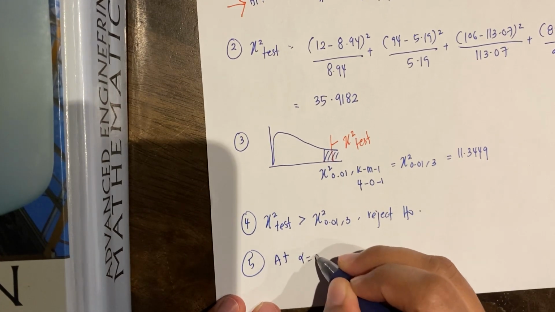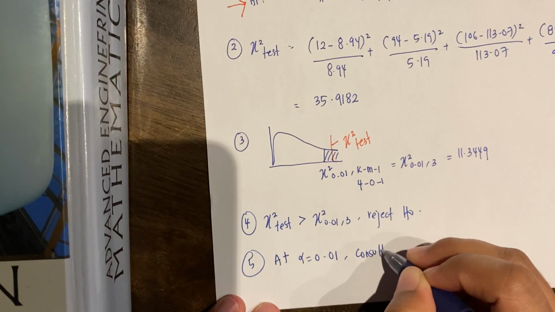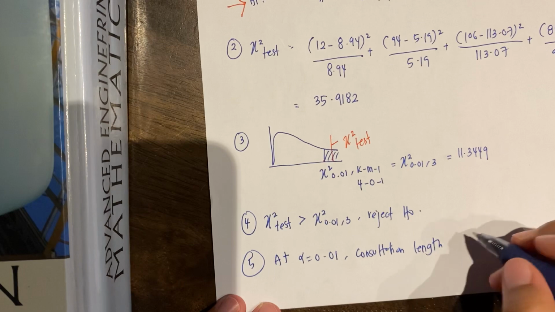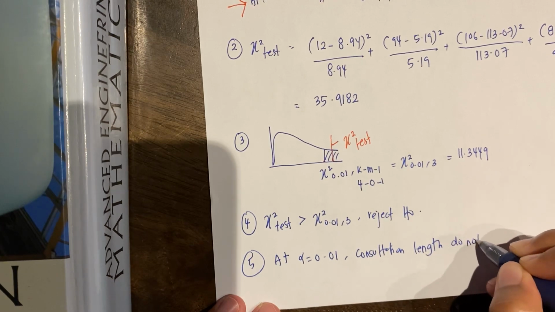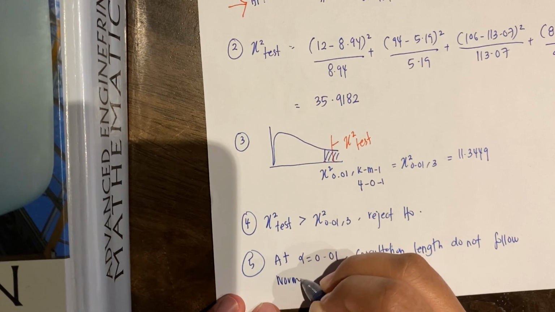At alpha 0.01, consultation length does not follow a normal distribution.